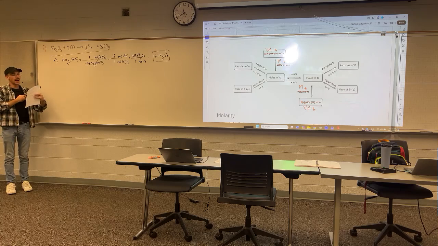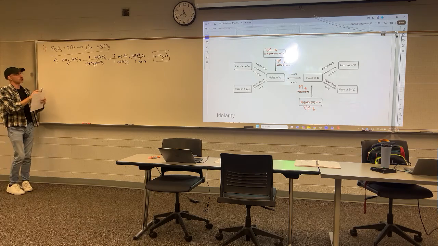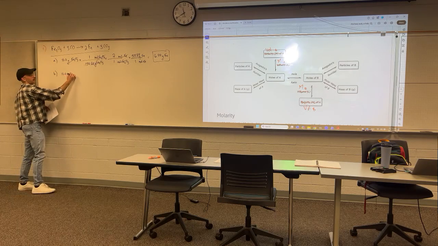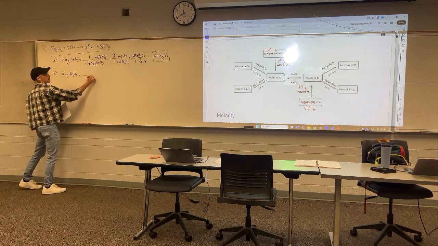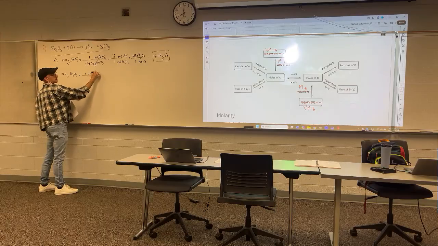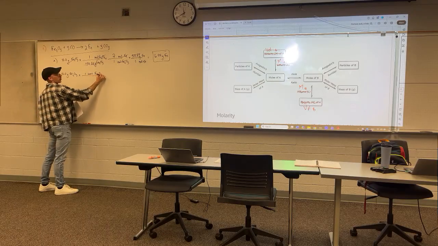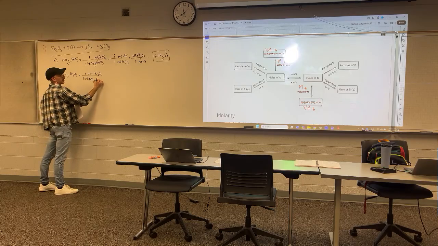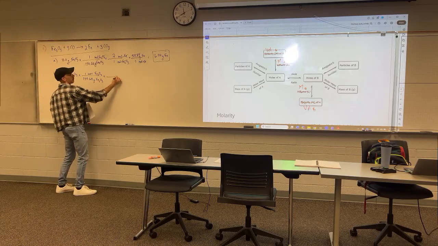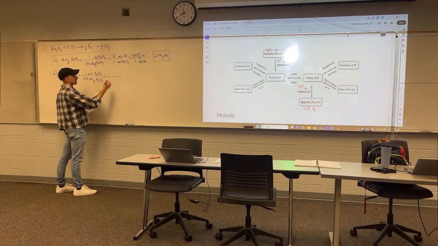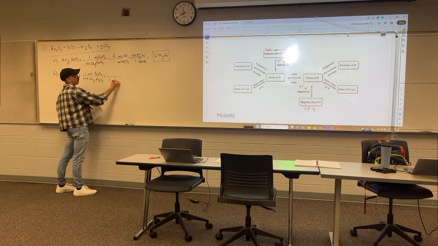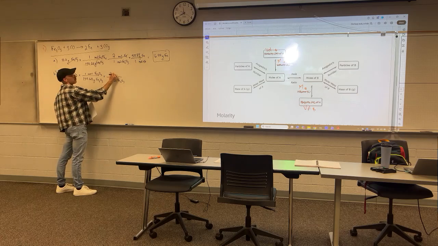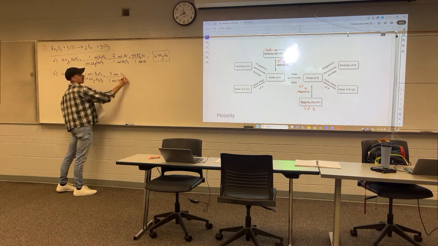The second is how many grams of carbon dioxide is generated. I can actually repeat a lot of this information. I'm still converting from grams of iron 3 oxide, but now in my mole to mole conversion, I'm taking 1 mole of iron 3 oxide to 3 moles of carbon dioxide.